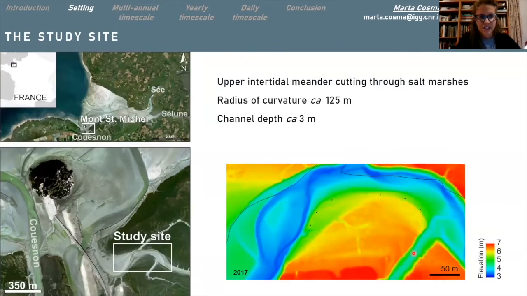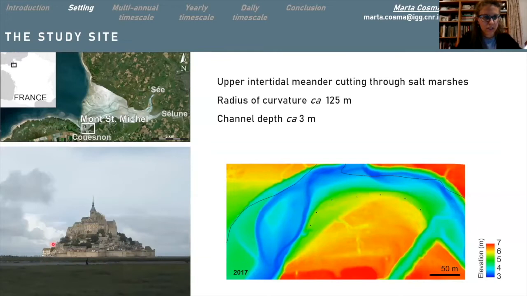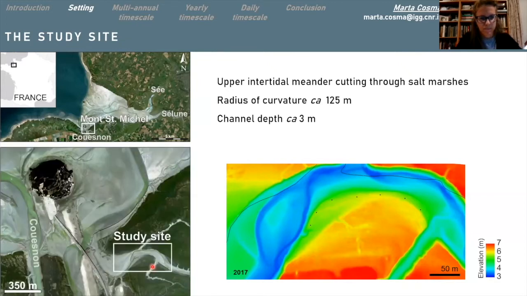So the study site you can see here is really located in the estuarine domain, really near the medieval abbey, and not far from the Couesnon River mouth. Here you can see an example of where the channel is with respect to the abbey. The channel is located in the upper intertidal zone, and it cuts through salt marshes.